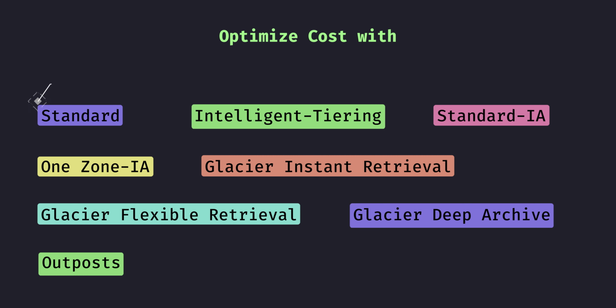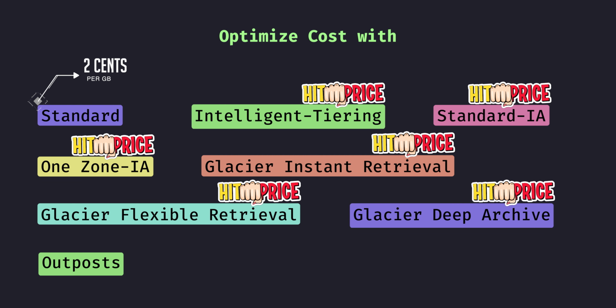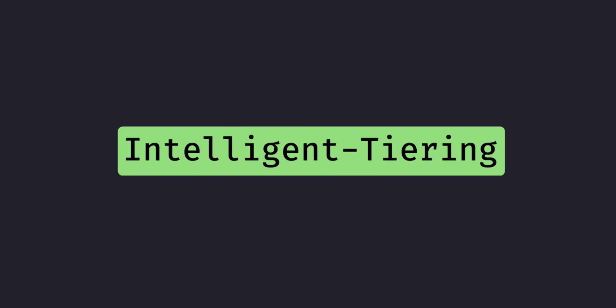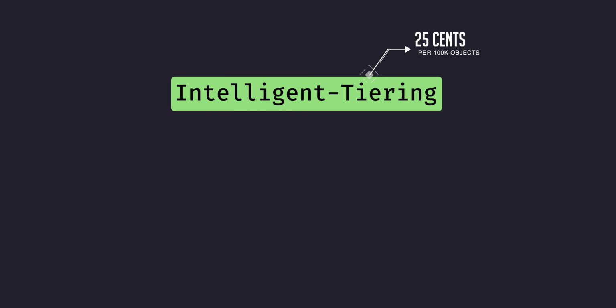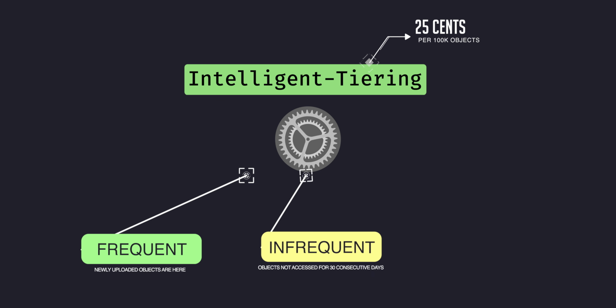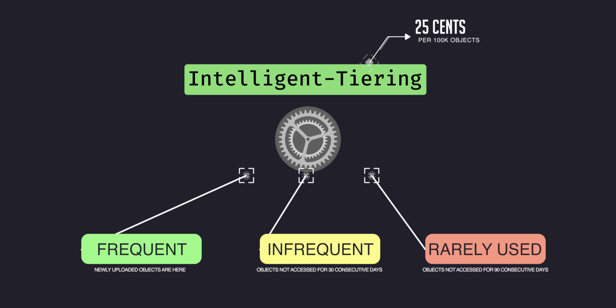By default, S3 charges roughly 2 cents per gigabyte used, and considering that not all data is having the same traffic, we can optimize costs by moving some data to cheaper storage classes. The easiest option to start optimizing is with S3 Intelligent Tiering at 25 cents per 100,000 objects, where it automatically predicts and organizes objects into frequent, infrequent, and rarely used classes to reduce costs.